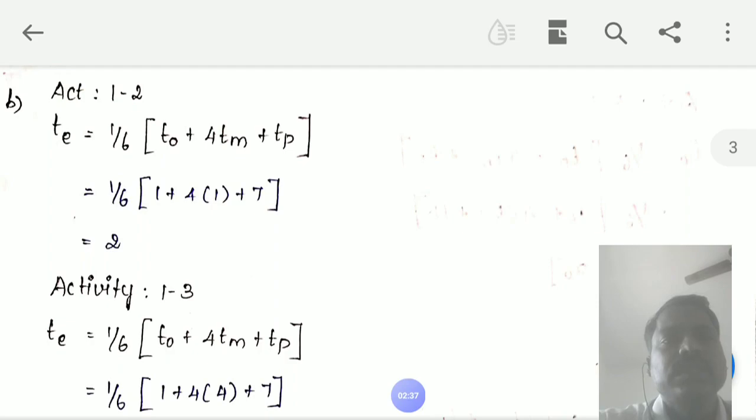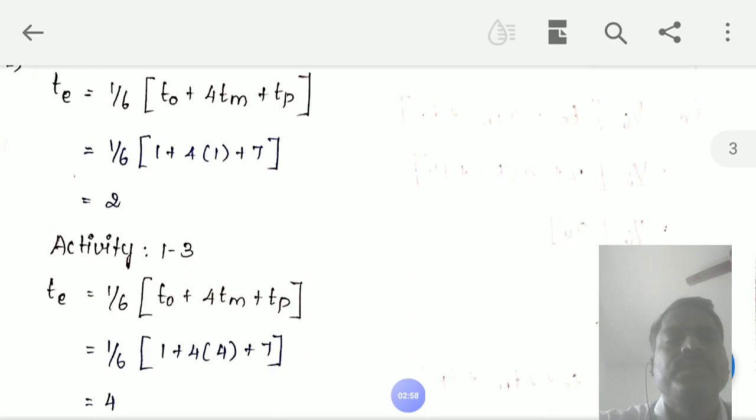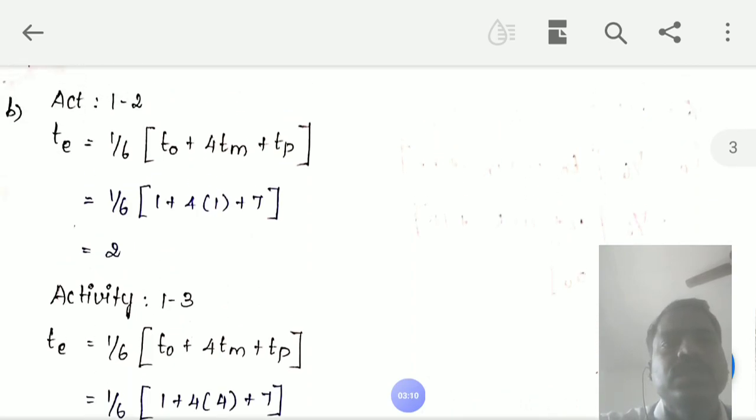TE, the duration of the activity 1 to 2, equals 1 by 6 into the optimistic time plus 4 into the most likely time plus the pessimistic time. Therefore, 1 by 6 into 1 plus 4 into 1 plus 7 equals 2. Therefore, the duration of the activity 1 to 2 equals 2.